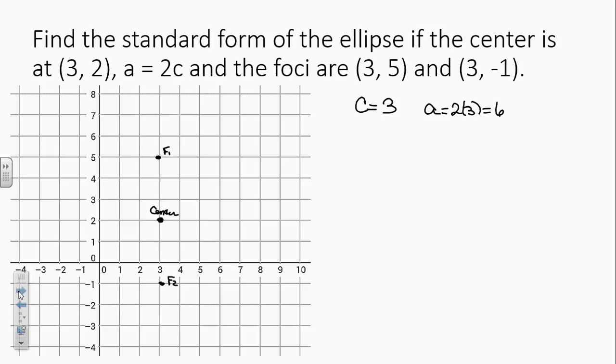Horizontal or vertical? So which one is squared? So we know y minus 2 squared has to be over the 36. And the x minus 3 squared has to be over something else.